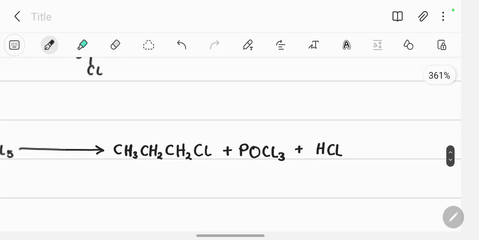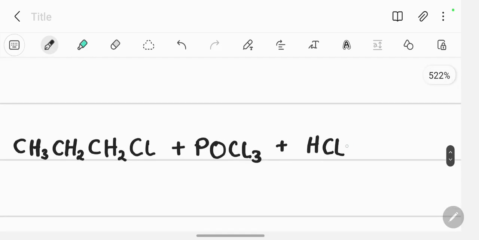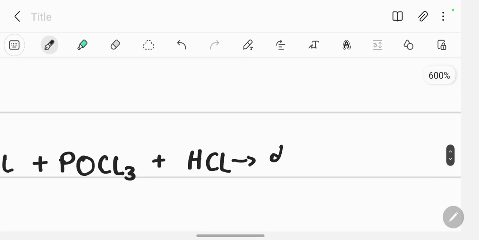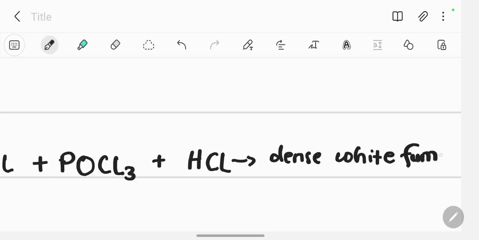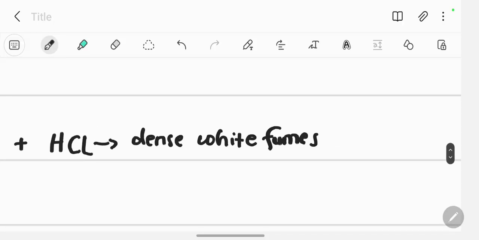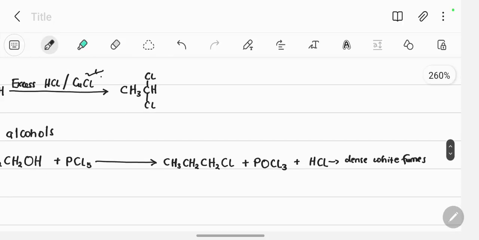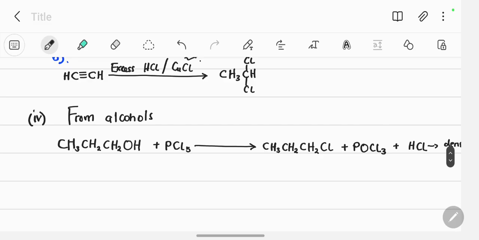And these ones are going to be dense. The observation here is dense white fumes. So we shall observe dense white fumes given off as hydrogen chloride fumes. This one was a primary alcohol.